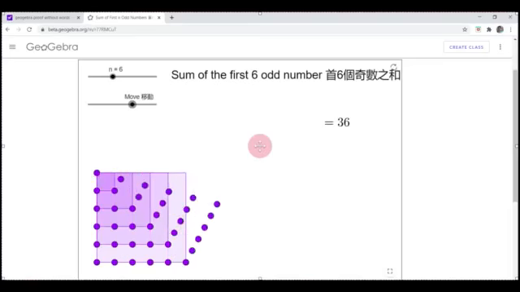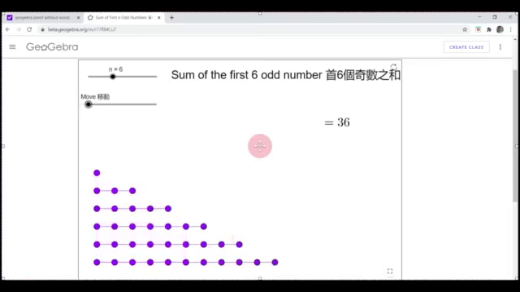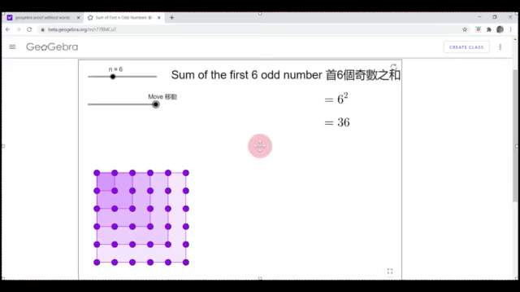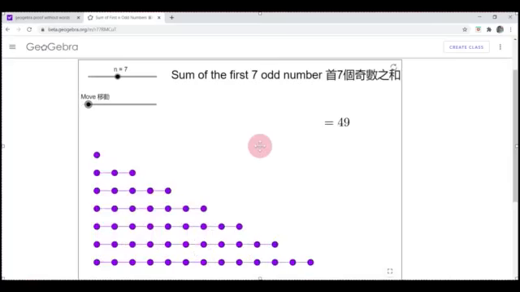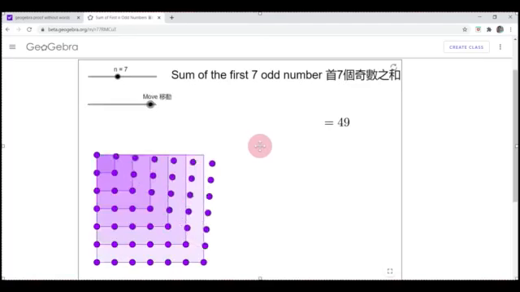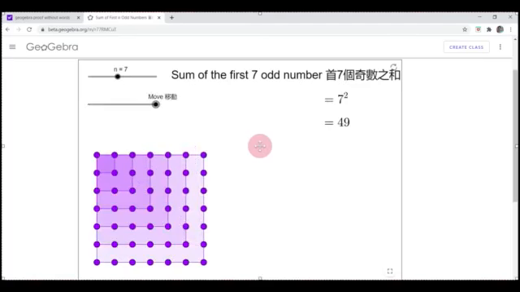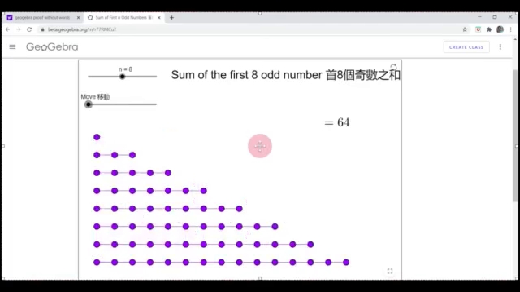Then n is equal to 6, this is 36. Then n is equal to 7, this is 49. Then n is equal to 8, the sum is 64.